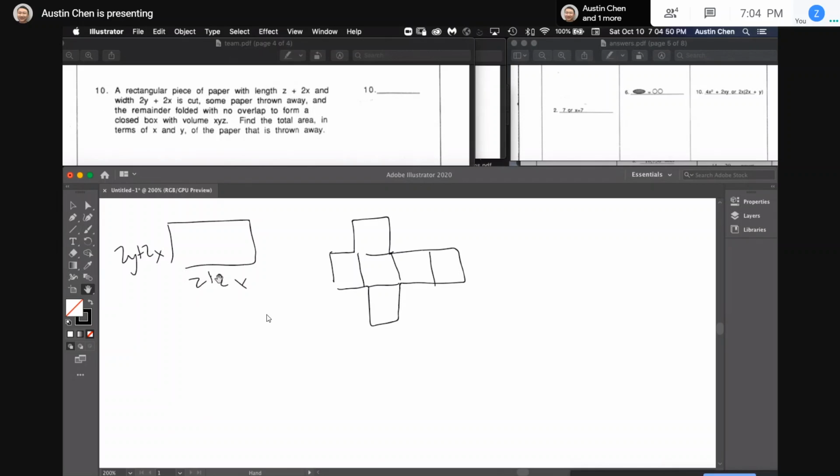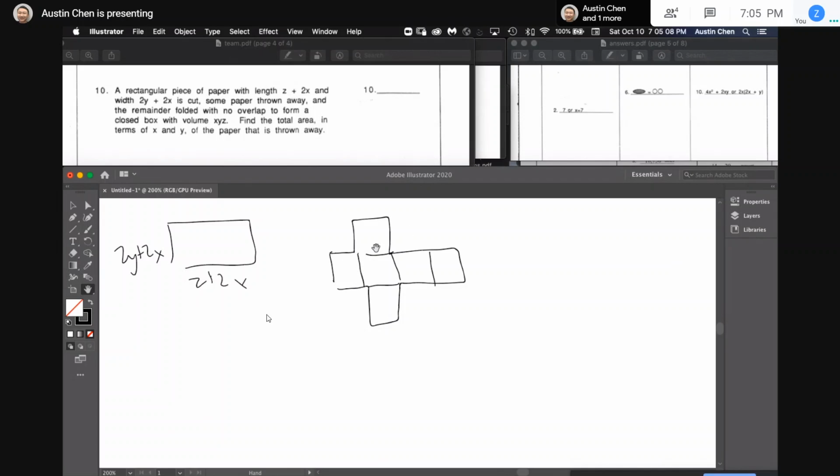All right, so we could start off by thinking that our shape is going to be something like this, and we could just use this, but keep in mind that the sides are not all going to be the same, right? It doesn't have to form a cube.